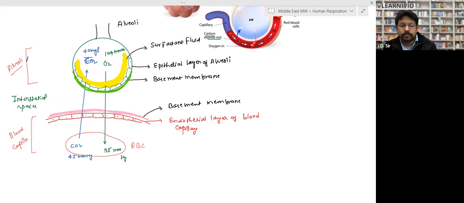That's why CO2 moves from RBC to alveoli, that is, from higher pressure to lower pressure.